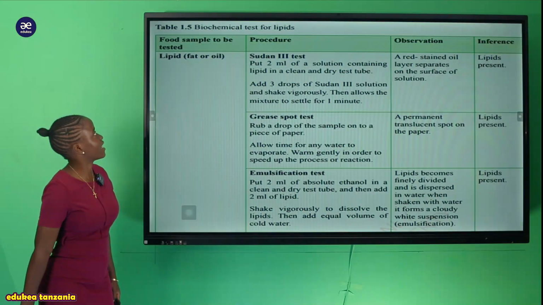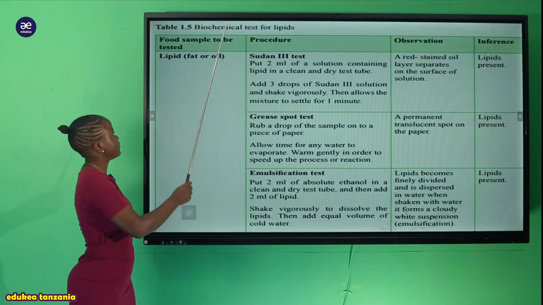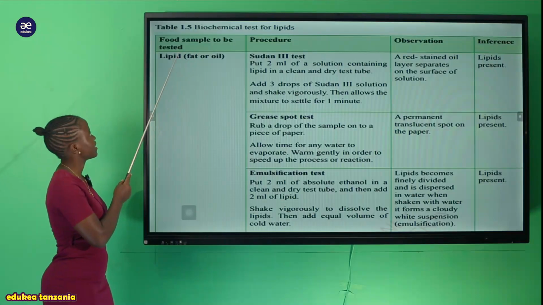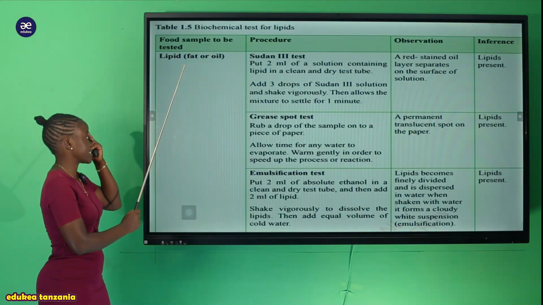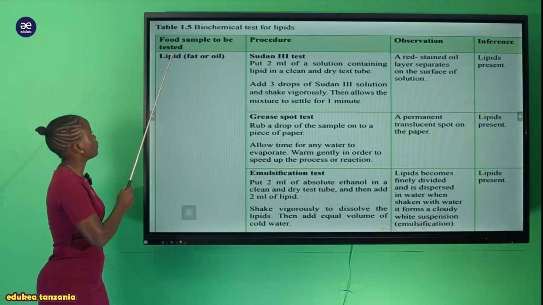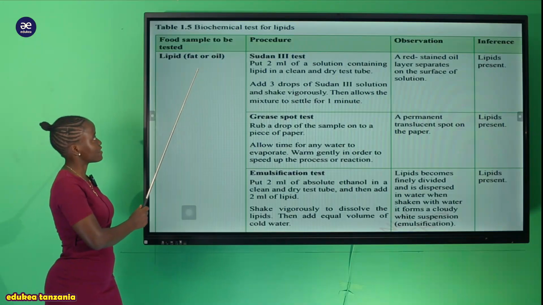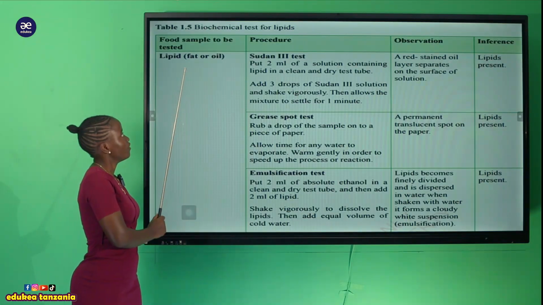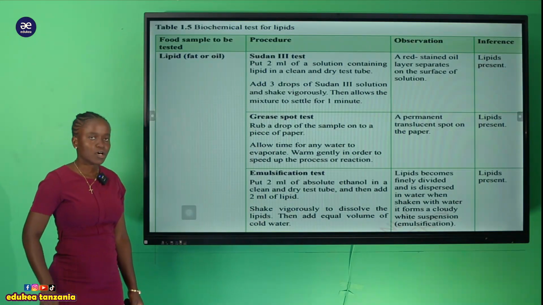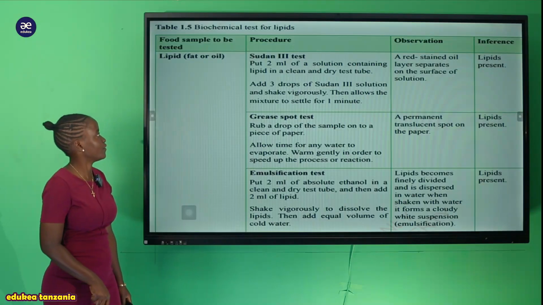So now let's see the biological test for the lipid. Now you can see we have the food sample to be tested, and here we have the lipid, that is the fat or oil. The procedure is as follows.